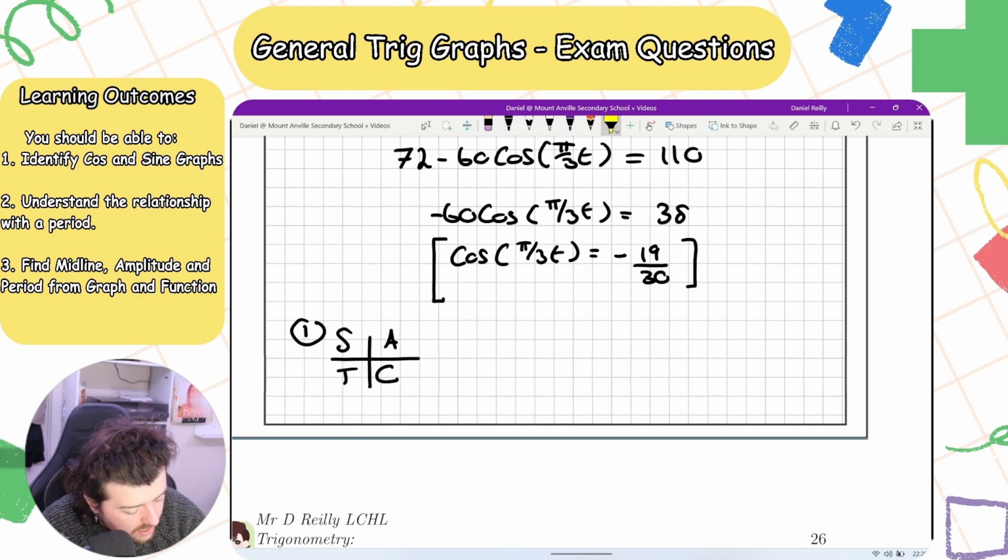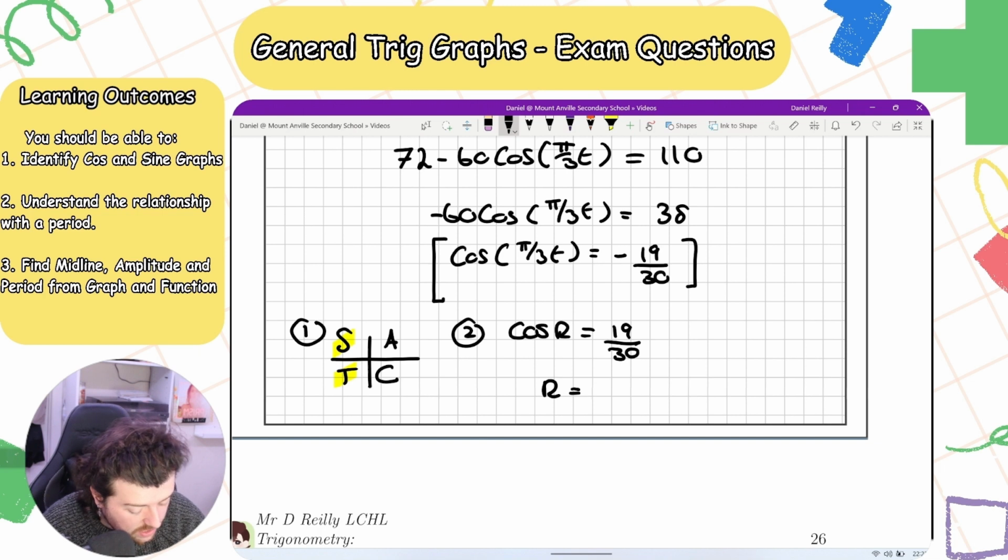I am in minus, so I am in quadrant 3 and quadrant 2. Get my reference angle, so cosine, ignore the sign, it's 19 over 30. My reference angle is going to be equal to cosine inverse 19 over 30, which is 50.7 degrees. Oh, degrees! I didn't put my calculator in radians. I'm such a fool.